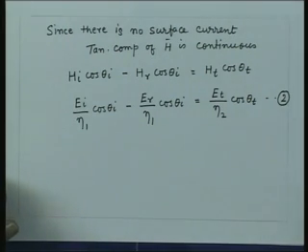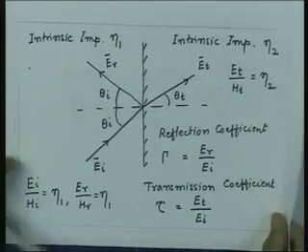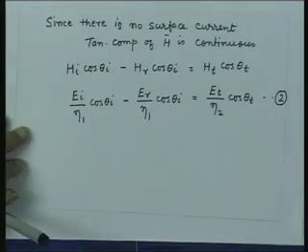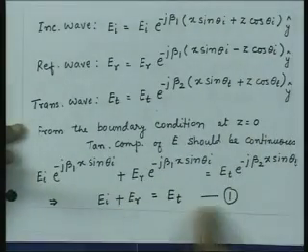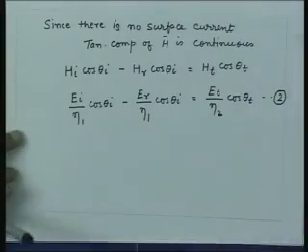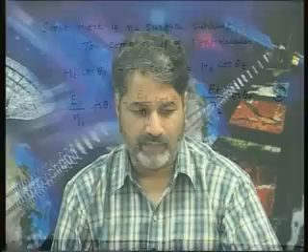Now remember, we are interested in finding two quantities. One is the reflection coefficient, which is Er upon Ei, and the other is the transmission coefficient. So using these two equations, I can now find these two quantities. I have one equation which is this, the other equation which is this, and by simple algebraic manipulation I can find the reflection and transmission coefficient for this wave.